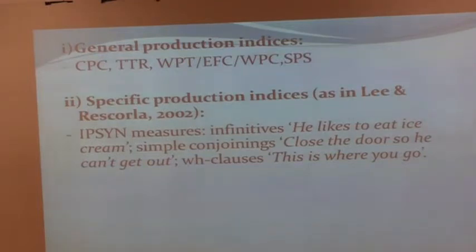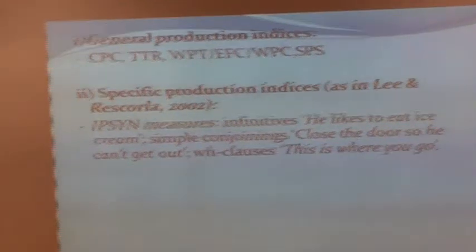Now, I read a paper in 2002, which is very interesting, and you might want to read the same one. It's by Lee and Rescorla, and it talks about this difference I was mentioning earlier, about children at age 3 to 4. And it was comparing the language production of children who had been diagnosed as autistic or towards the autistic end of the spectrum.